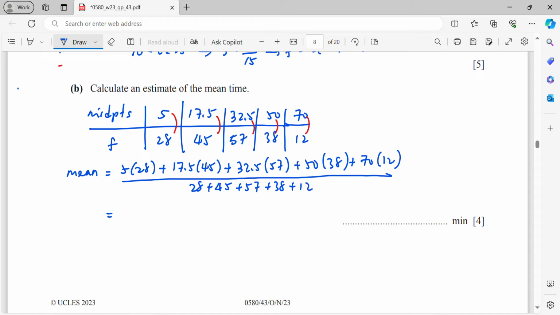From here, you will get 5520 over 180, and at last 30.6667. Now I round to 3 significant figures, which is 30.7. So that is your solution.